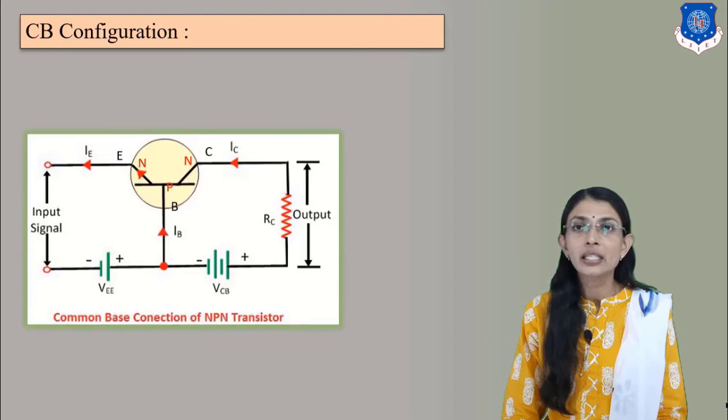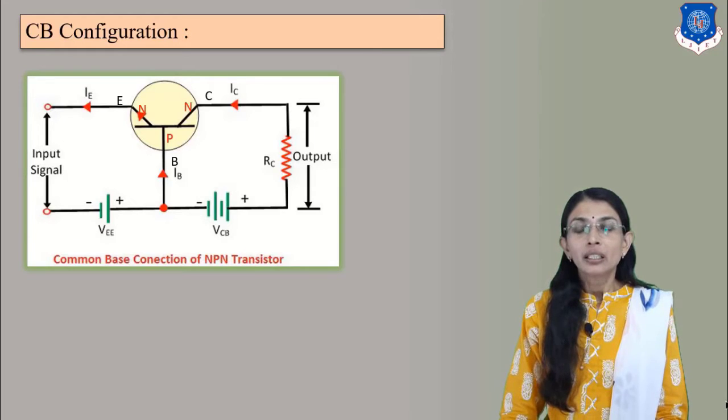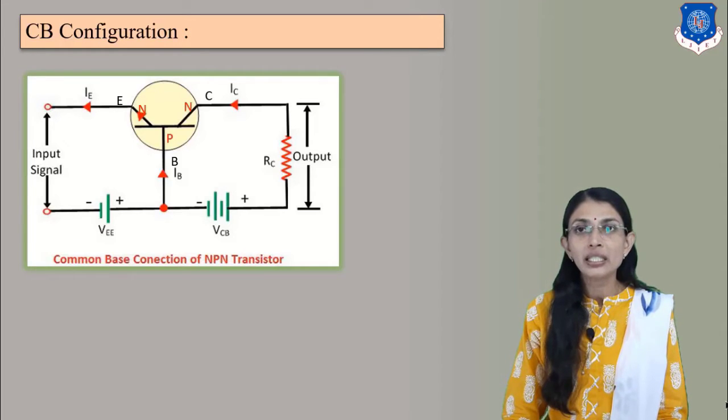So look at this. This is the circuit diagram of common base configuration. We have used here the NPN transistor, and I will be explaining the working of CB configuration using NPN BJT. There are three terminals: emitter, base and collector. The base is connected to the ground, that means base is common.